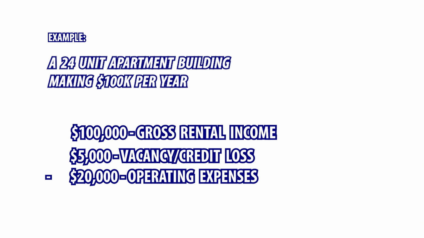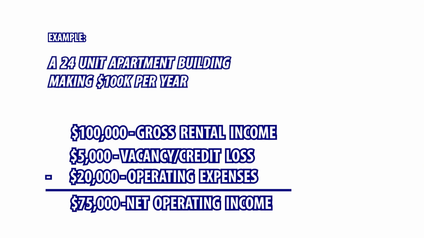So in this example, it would be $80,000. And don't forget your vacancy and credit losses. So instead of $80,000, it would be $75,000. That would be what your net operating income is. Again, taking your gross rents and subtracting out the different costs associated with maintaining the property.